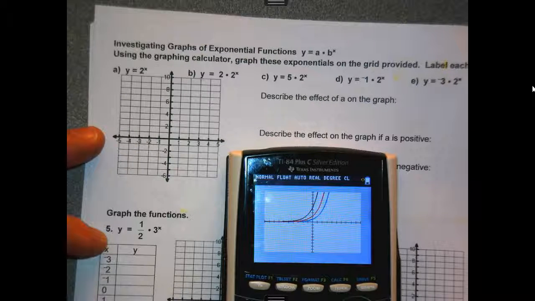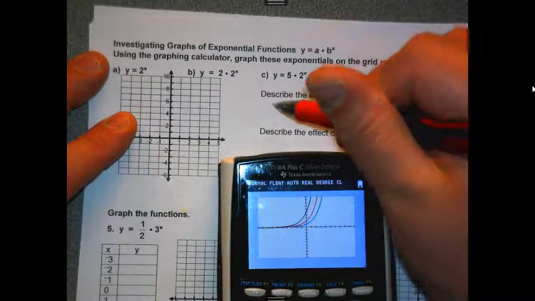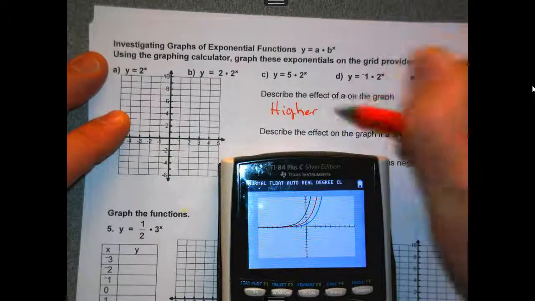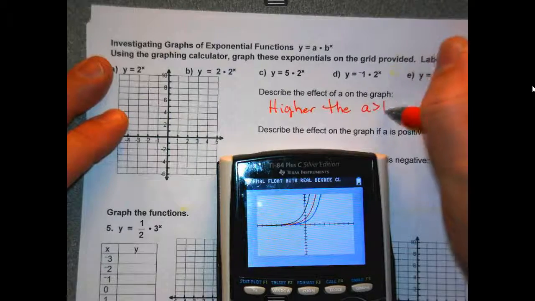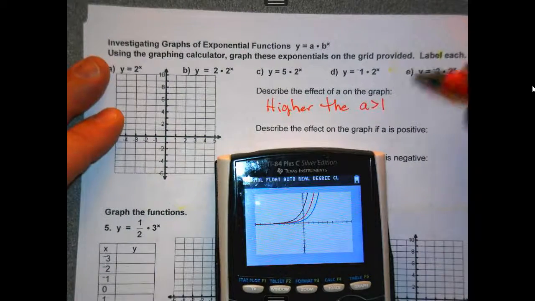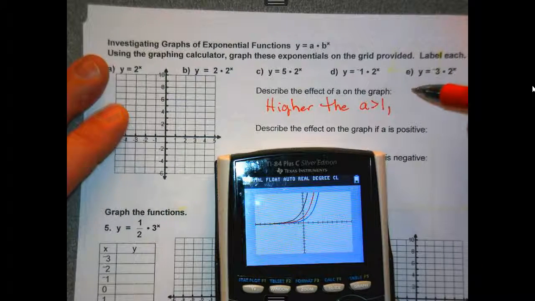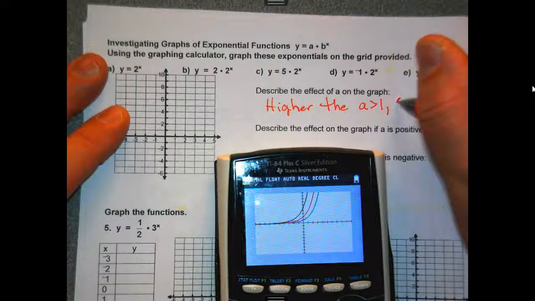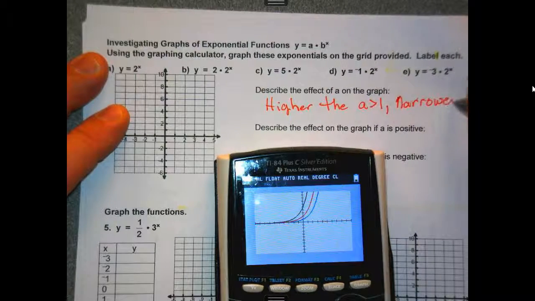So the higher the whole number, the a greater than 1, it actually doesn't have to be a whole number. Anything greater than 1, the higher the number, the skinnier or narrower, I think is what we used, wasn't it? Narrower the graph.